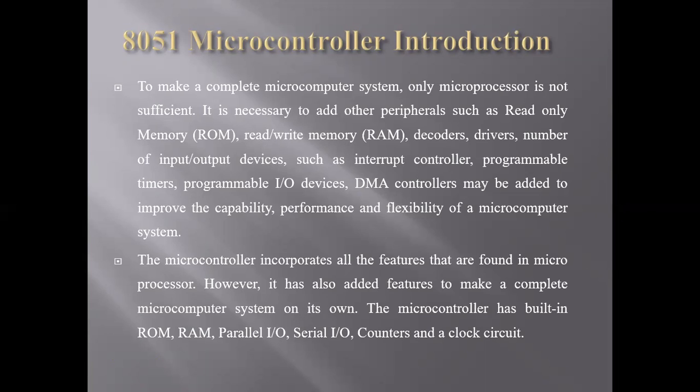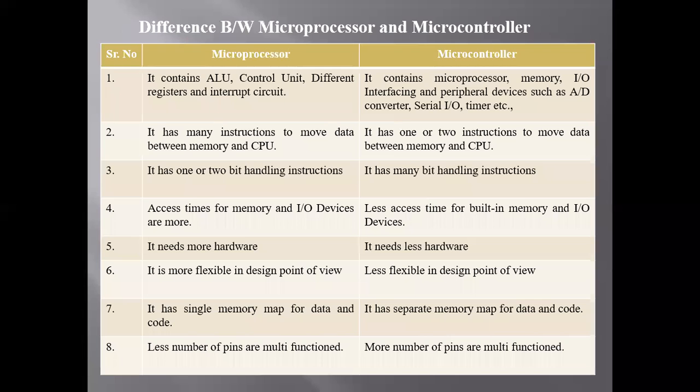The microcontroller incorporates all the features that are found in a microprocessor. However, it has also added features to make a complete microcomputer system on its own. The microcontroller has built-in ROM, RAM, parallel input-output, serial input-output, counters, and a clock circuit. What is the difference between a microprocessor and a microcontroller?